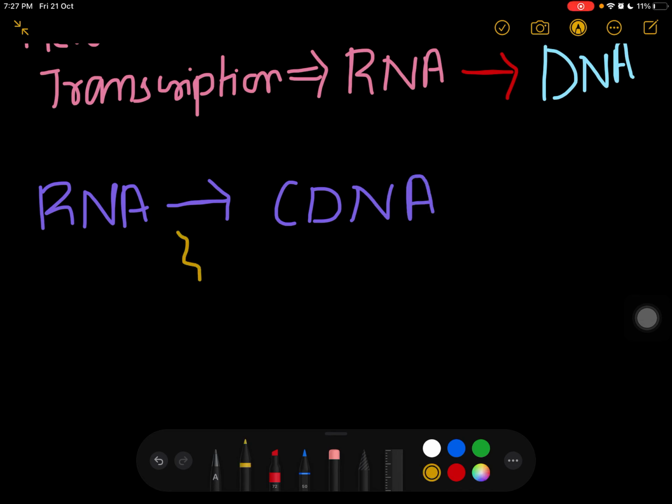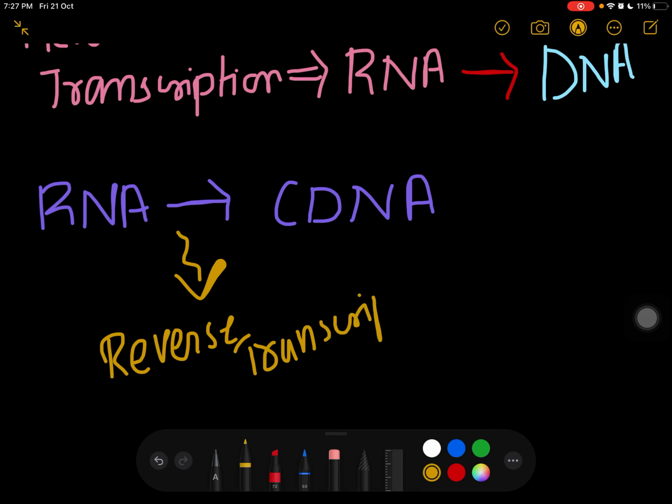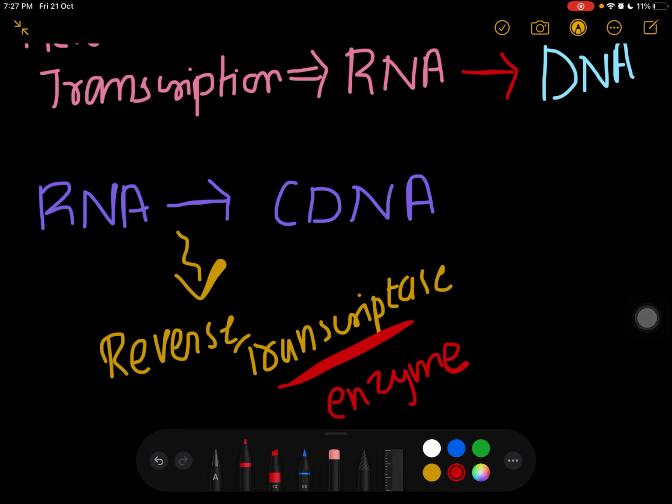By the help of the enzyme reverse transcriptase, RNA will be converted into cDNA.